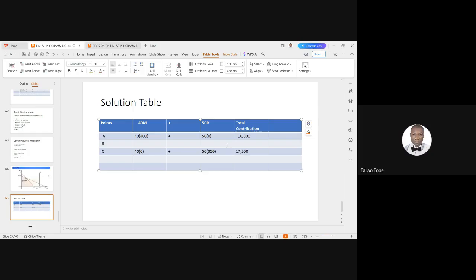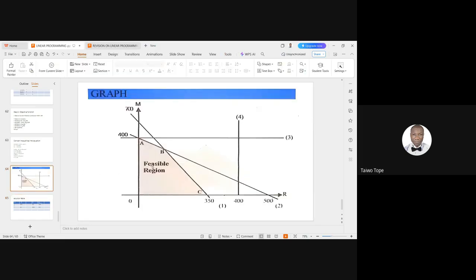So now, for point B, what are we going to do to determine our total contribution at point B? I need the response now. Can somebody tell us?